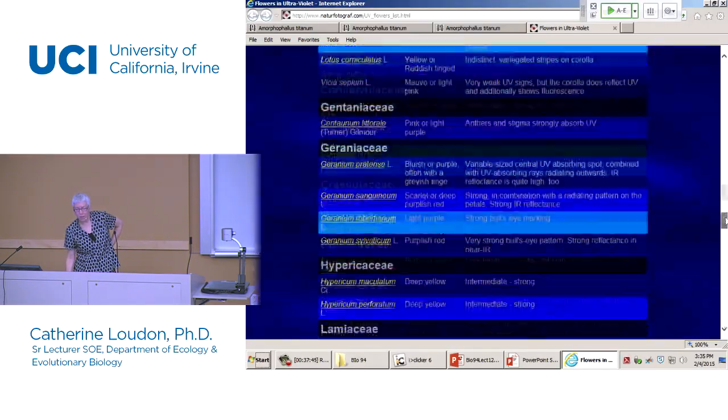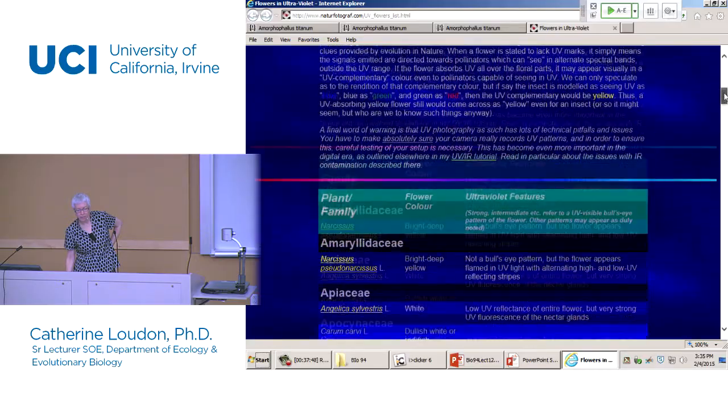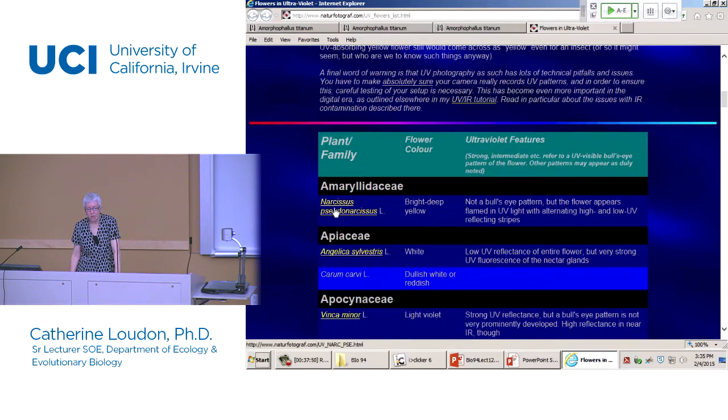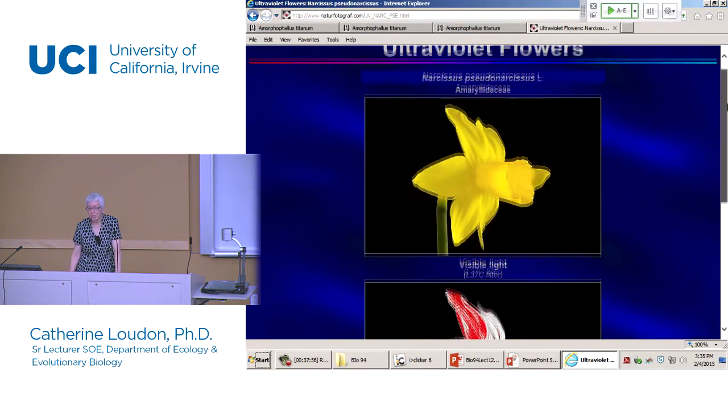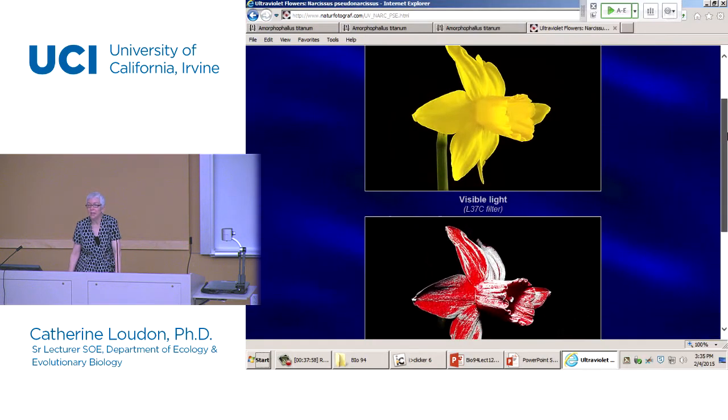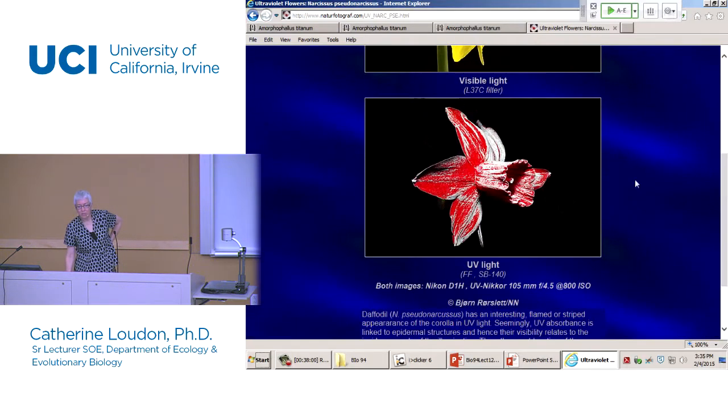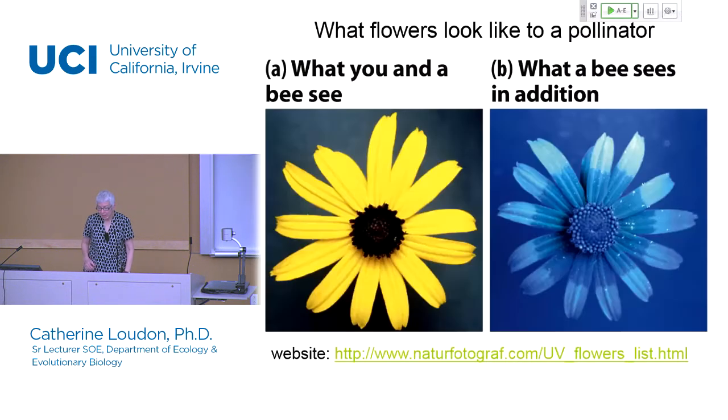There's actually a fairly long list here. We'll just have a quick peek at the first one. This is the familiar daffodil, so you're used to this. When we look at this in visible light, we see something that looks sort of uniformly monochromatic yellow, and here's the kind of pattern that is visible in UV to an individual that is capable of seeing into the UV, such as many insects, including many bees.